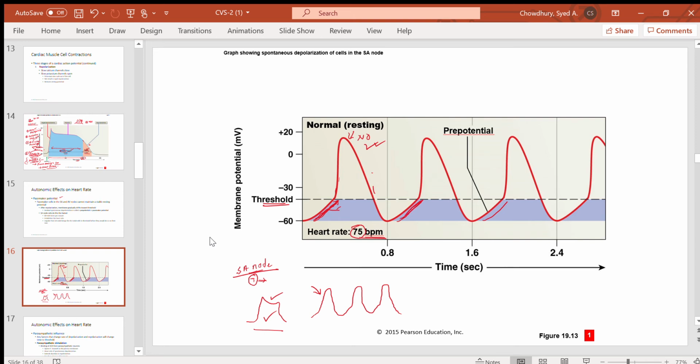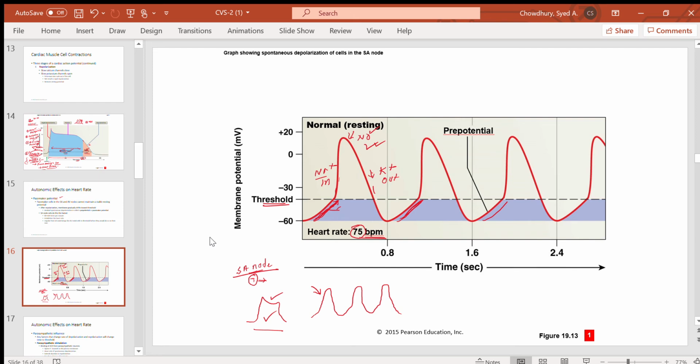And we know that depolarization occurs due to sodium influx, same in this case too. No plateau, so no calcium is working here, and repolarization is due to potassium efflux, right? So influx, and this is outflux or efflux, okay?